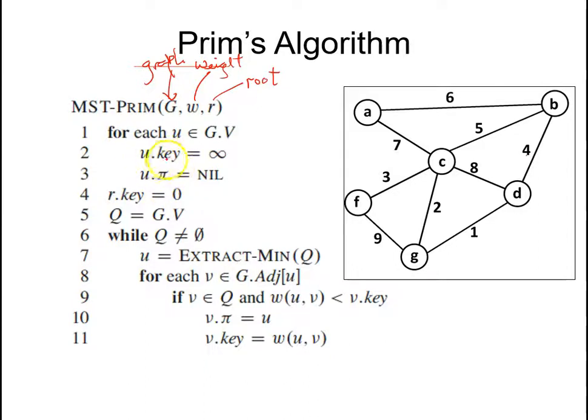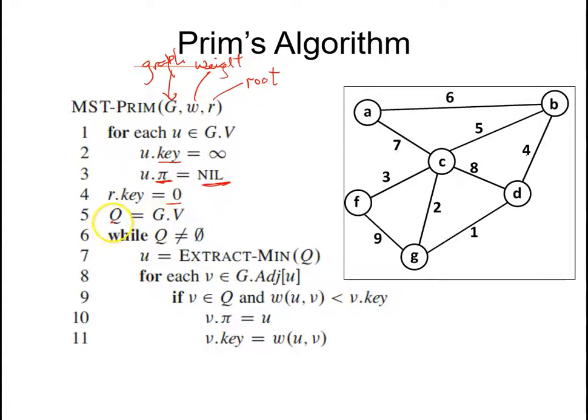Each vertex, we're going to give a key value and a predecessor, which is what pi is. We're going to set the predecessor as nil. Now, the reason why we're keeping a predecessor value is so that we can walk through the minimum spanning tree, going from predecessor vertex to descendant vertex. Okay? We are going to set the key value of the root to 0.